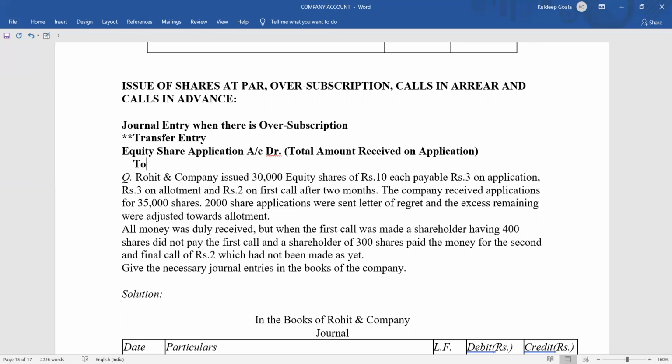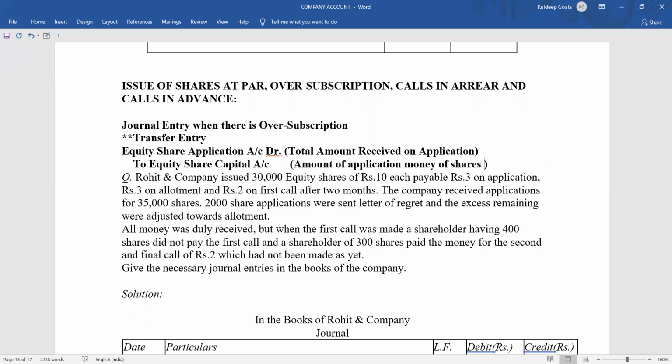To equity share capital account, which will include that amount of money which you have issued, not more than that: the amount of application money of the number of shares issued.